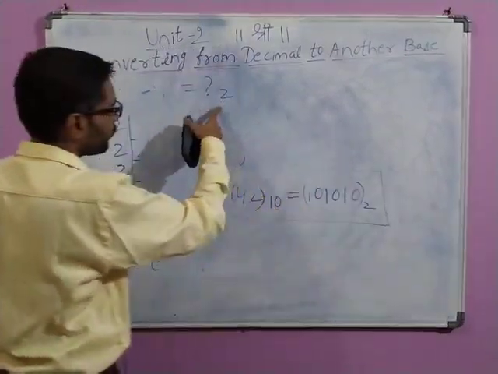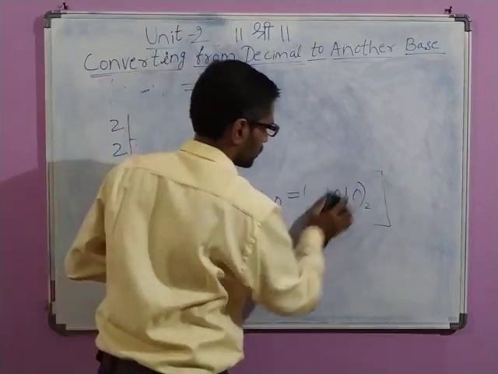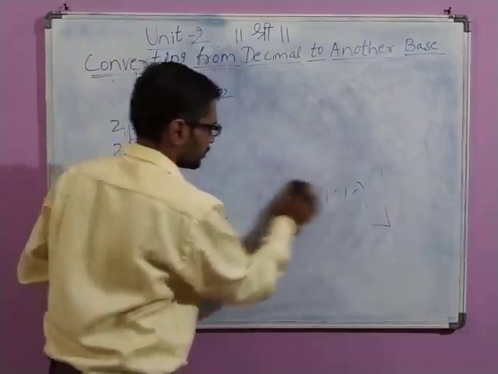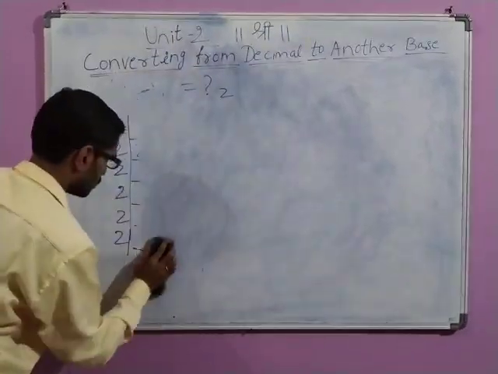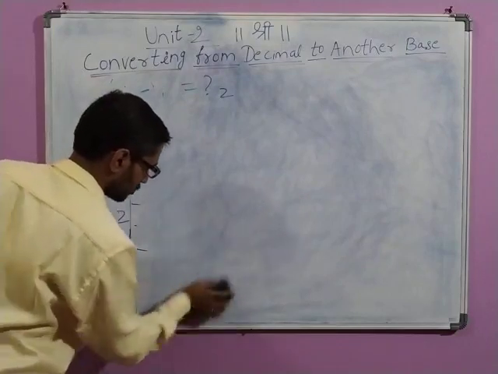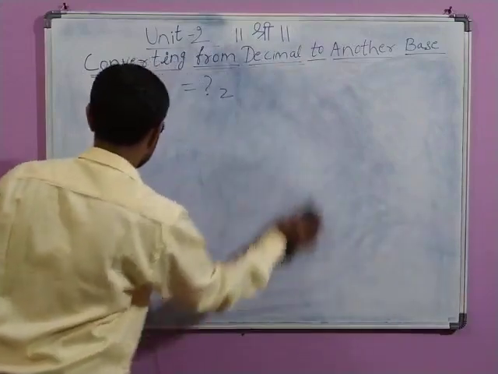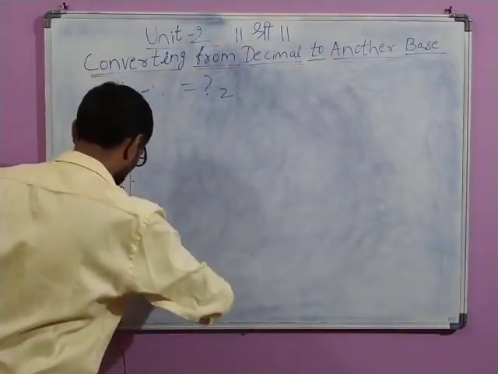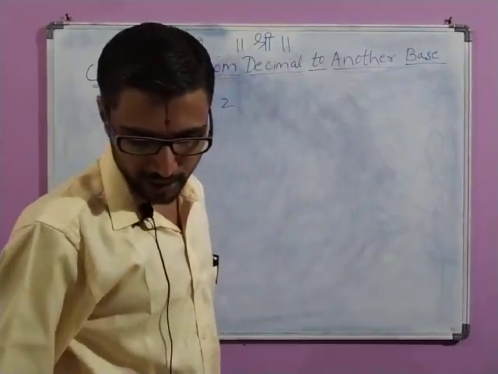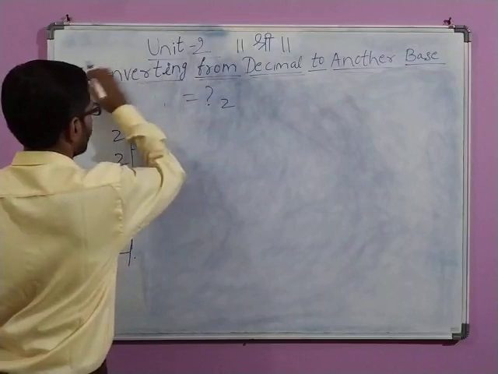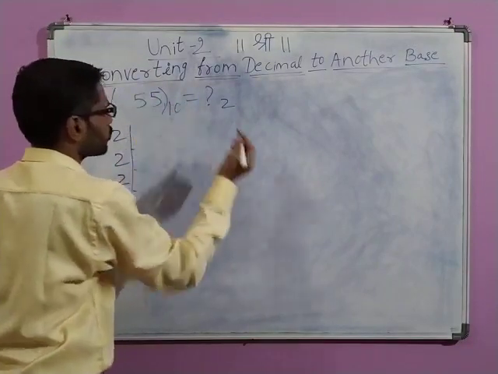That means the new base is 2, it is kept constant, so we are not changing the new base. Like we can take a number, say 55. 55 to the base 10, question mark to the base 2.